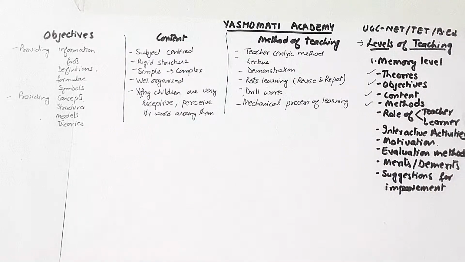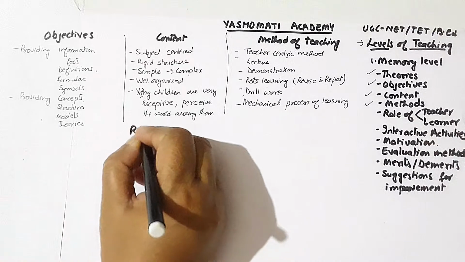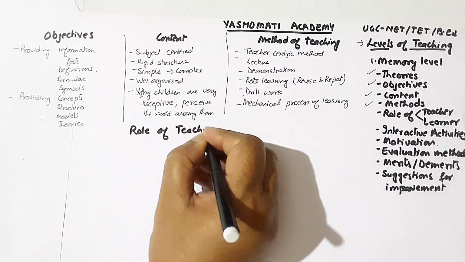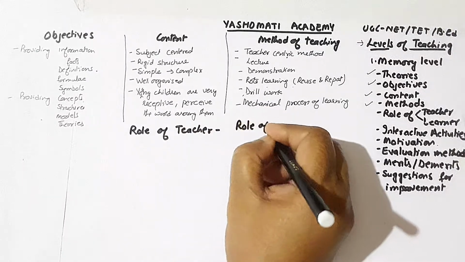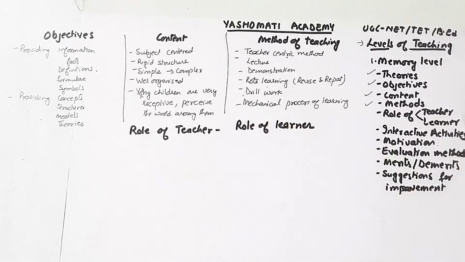Now let us talk about the next part, that is the role of teacher and role of learner. That means during the process of learning, what does the teacher do and what does the student do?